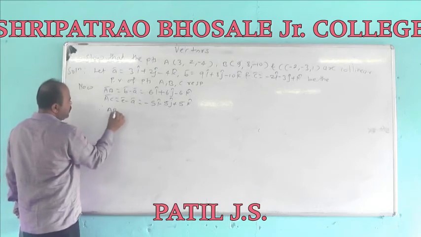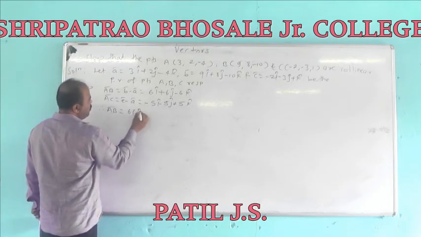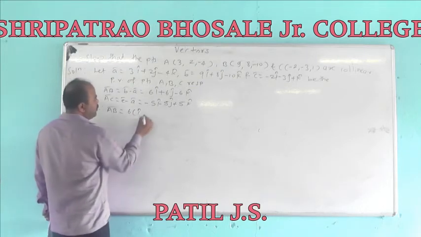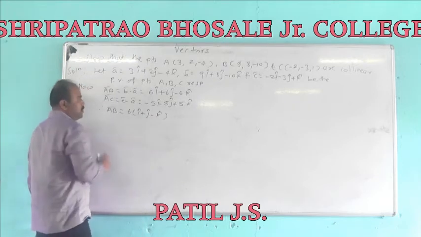Therefore this AB bar is equal to 6 into (i cap plus j cap minus k cap), taking 6 common.